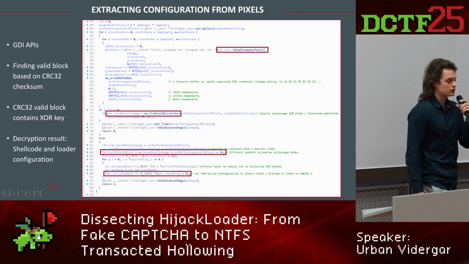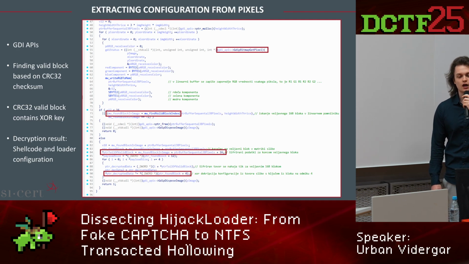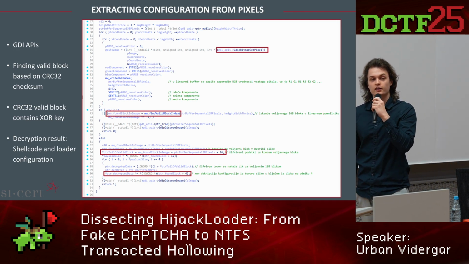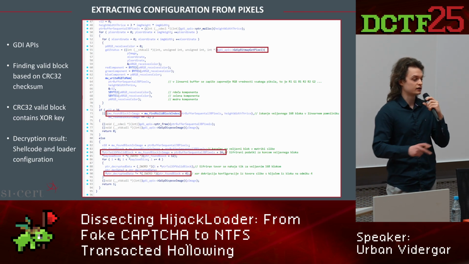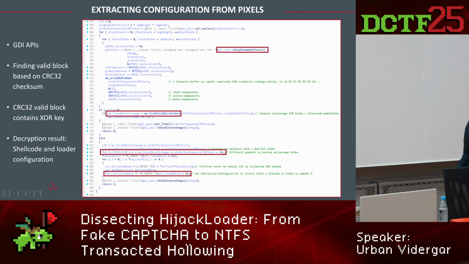Once it finds the valid block based on CRC32 checksum matching, it extracts the XOR key, which is also contained in the valid block, and the payload size. So it can perform XOR decryption, which is the simplest encryption possible, to essentially obtain the next stage shellcode.